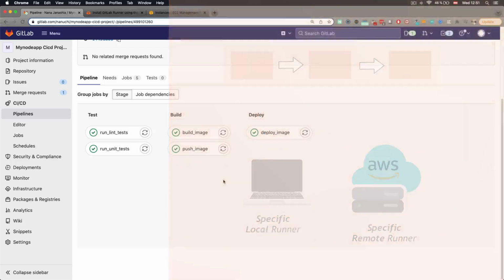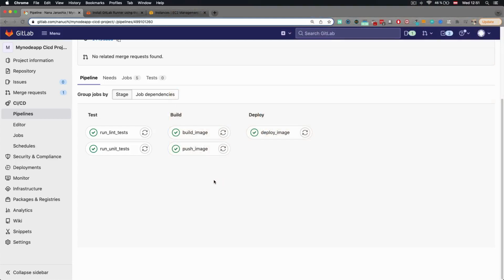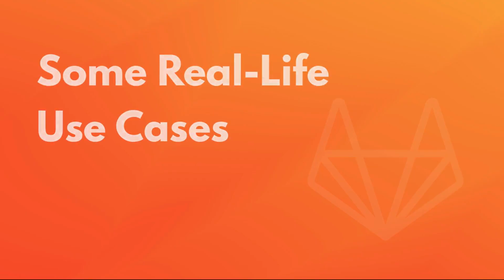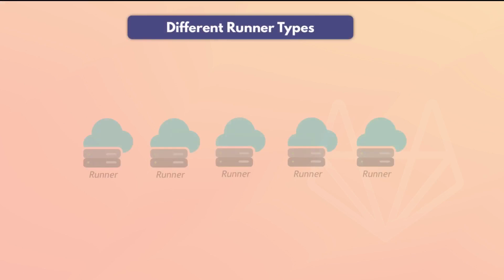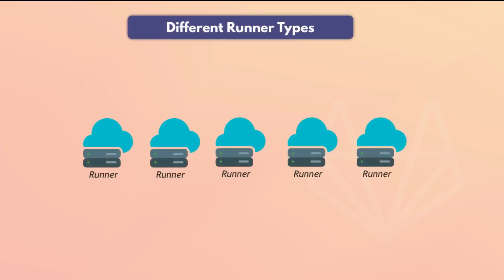But let's see what are some other use cases for having multiple runners for the same pipeline and how it may look like in a real project. So first of all, let's say we have 20 runners in our GitLab setup that we're managing ourselves and we have connected them to the GitLab instance. We may want to configure each runner to do a different thing.